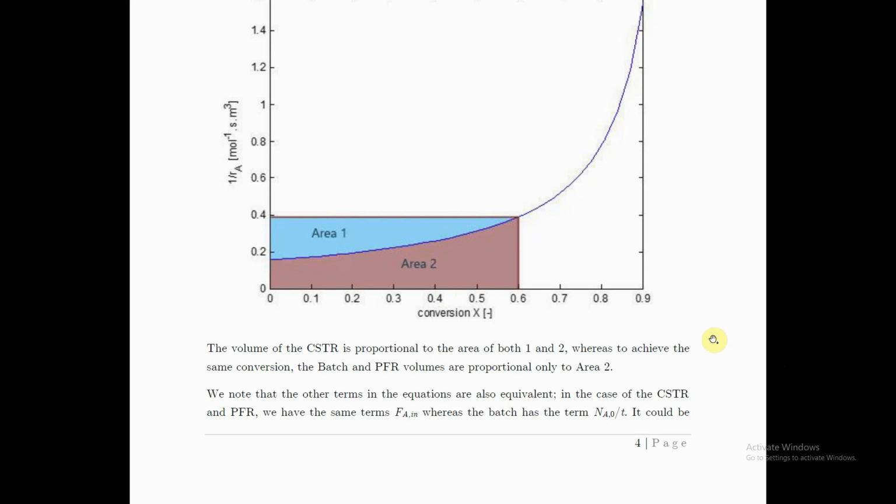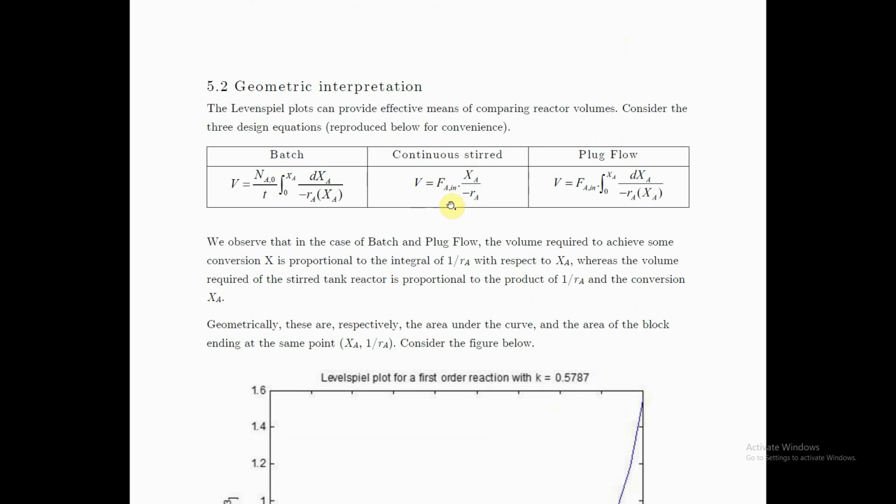However, if we think about it, the CSTR is in a way the easiest reactor to create. The CSTR is nothing but a vessel with a stirrer in it, at least conceptually. Remember, these are all ideal reactors. With the CSTR, we are thinking of infinitely fast mixing.